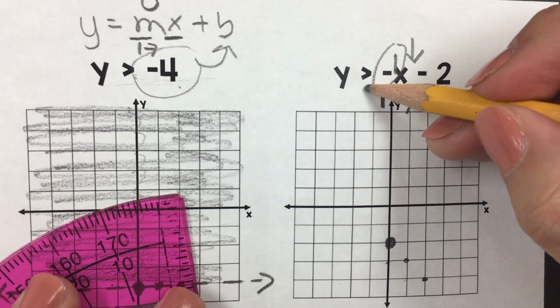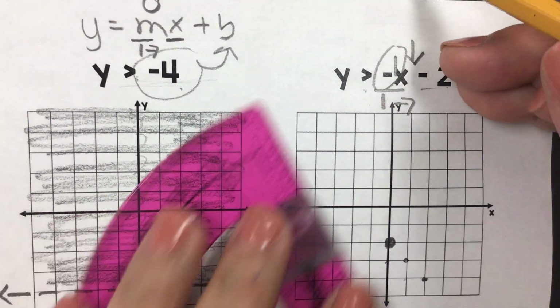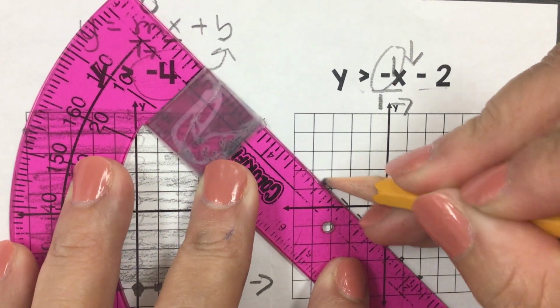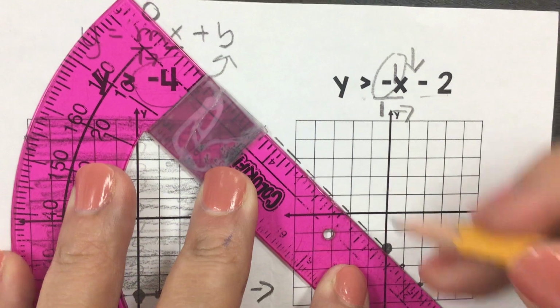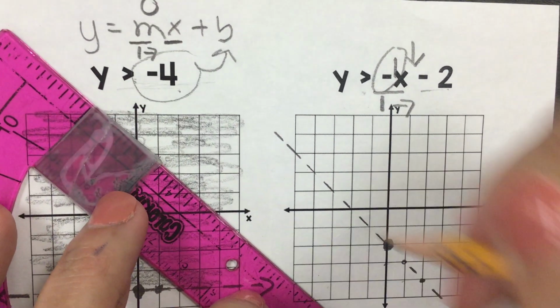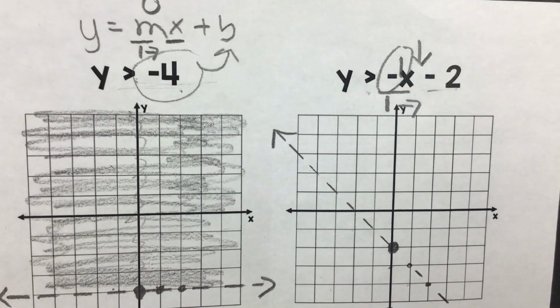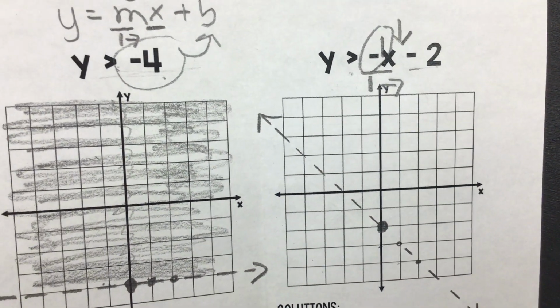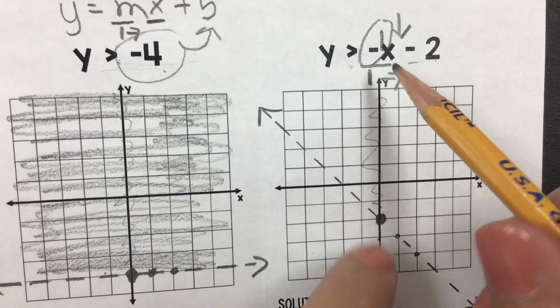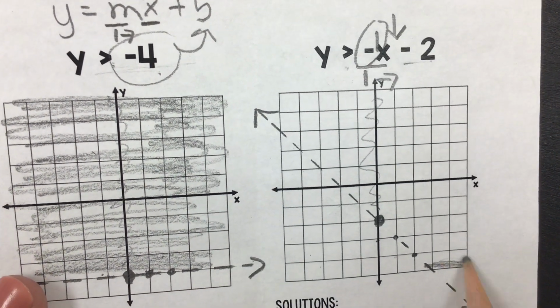It is a dashed line because there's no line underneath an inequality. Make sure that it's dashed. Go outside of the graph, please. It helps me read it easier. And then since it's greater than, I'm looking for any value above that line, making this a whole solution set.